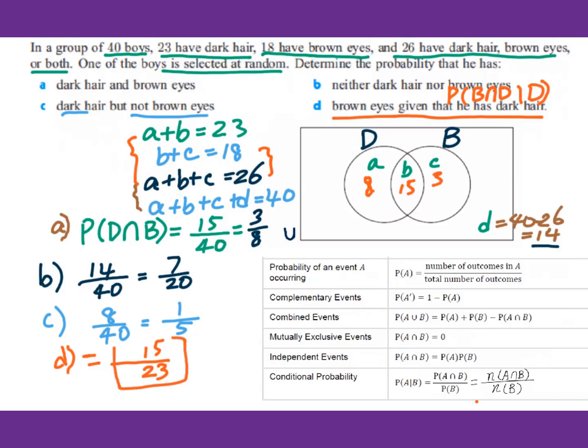This will be the answer. Since in this question you are given the elements, we use this formula: the number of elements in dark hair and brown eyes is 15, over how many elements in dark hair. That's how you get 15 over 23.